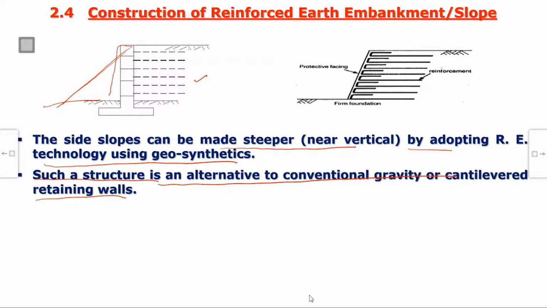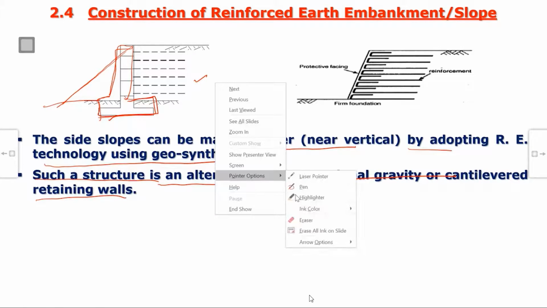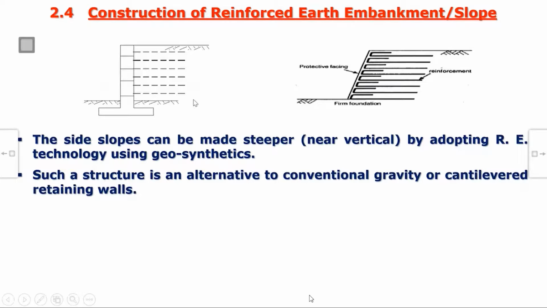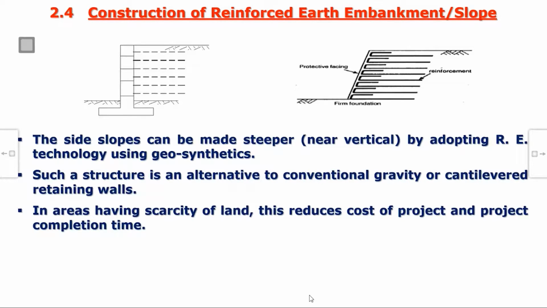We would have constructed a normal retaining wall, which will be very thick, which will be rigid, and it will have a very, very solid and very big base. If you see the base of a retaining wall, let us say the bank is 8 or 9 meters high, your retaining wall base may be as deep as 1.5 meters and as wide as 3-4 meters, very massive, and this is a rigid structure. Whereas this is an alternative to whatever gravity or cantilever retaining walls we make.